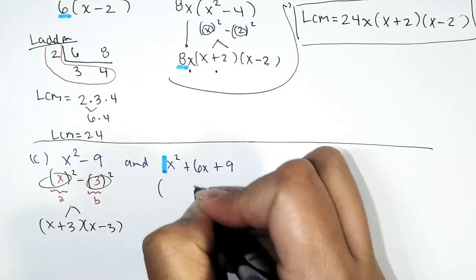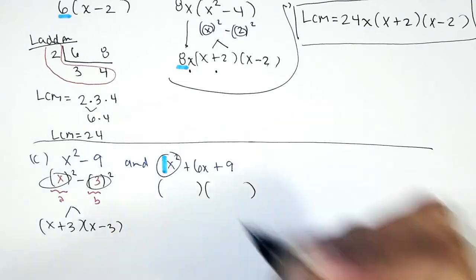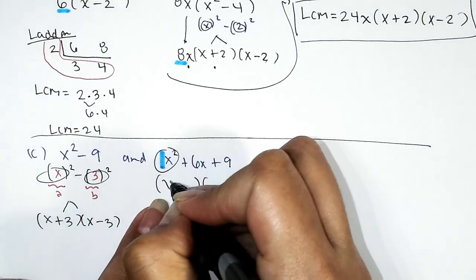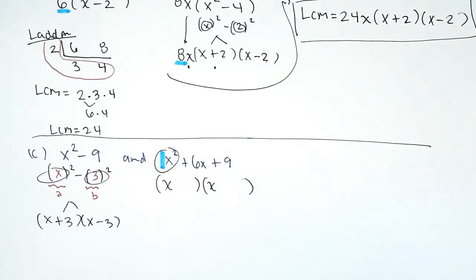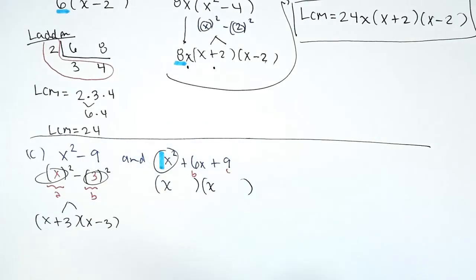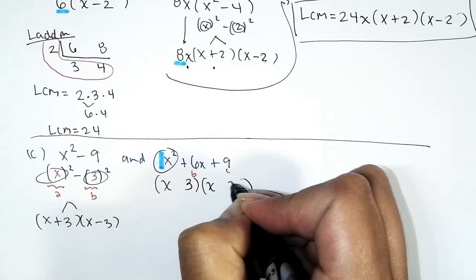Let's throw down parentheses and focus on getting the first term. The product of the first terms should give us x squared, so we use the variable times itself. To complete the binomial factors, we want factors of c that add up to b: factors of 9 that add up to 6. In this case, it's going to be 3 and 3.